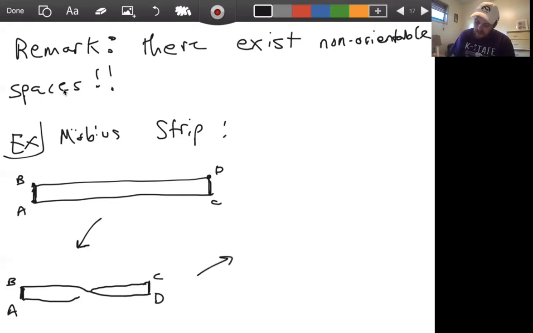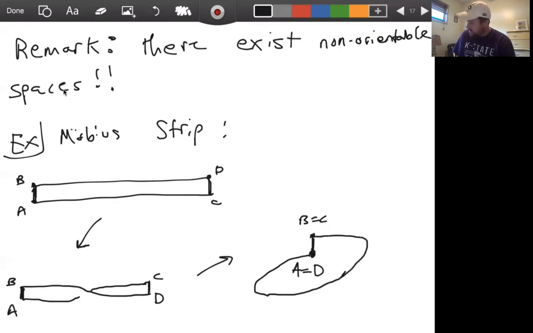And so what we get is that points A and D are now the same point, and B and C are now the same point. But when we wrap this around, we get a circle here, right? It's kind of tricky to draw sometimes. What starts at the bottom as you go around comes up to be the top here, right?